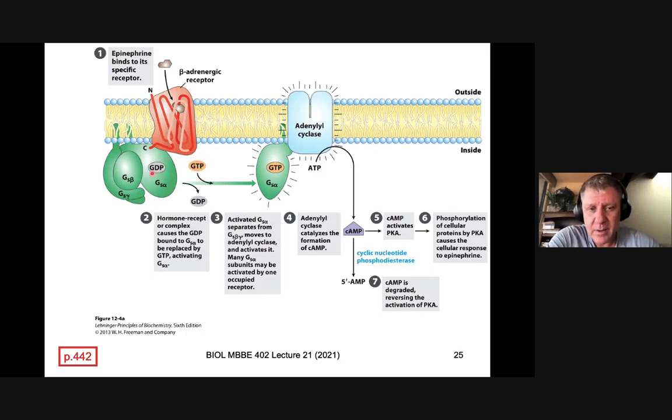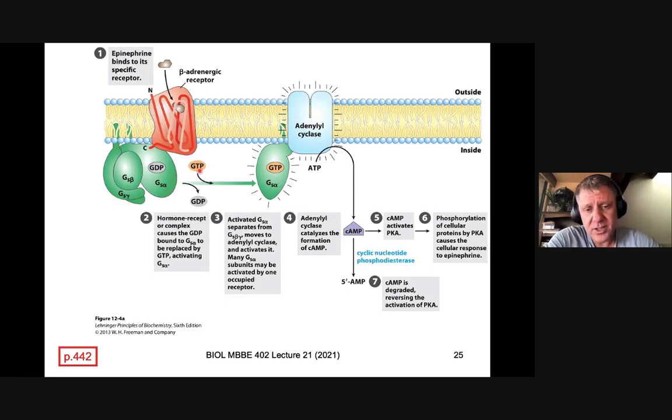With that GTP, we then get this GS alpha being dissociated from the protein complex. The remaining parts, the gamma and the beta subunit, are still together with the receptor because they're bound to the lipid membrane and associated with the beta-adrenergic receptor.